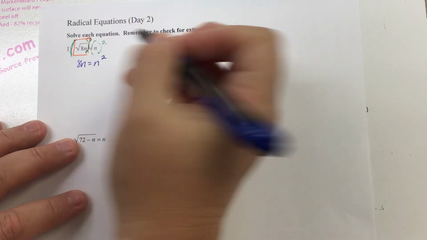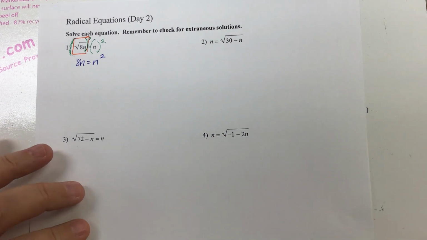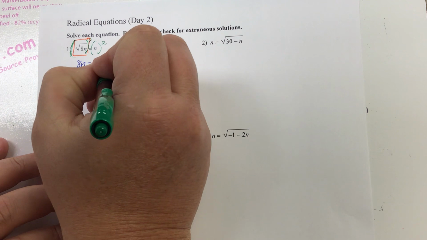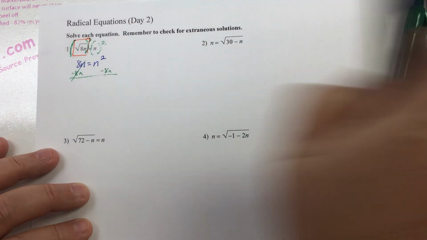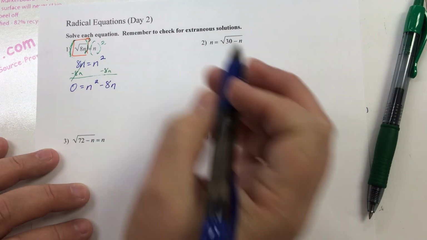We are left with 8n equals n squared. Now we have a quadratic. Anytime you are trying to solve a quadratic, you need to set the equation equal to 0 and then factor. So I am going to subtract 8n from both sides: 0 equals n squared minus 8n.